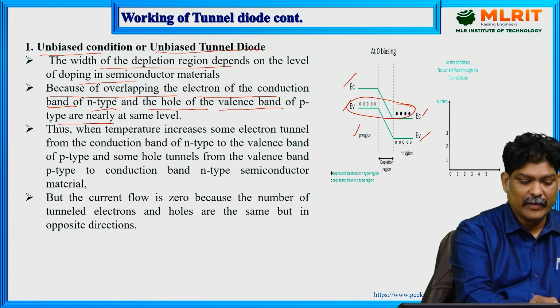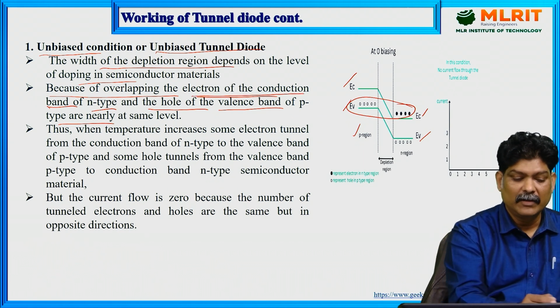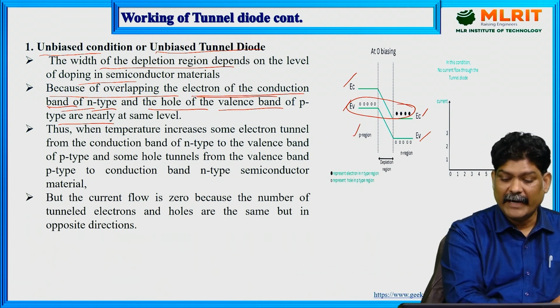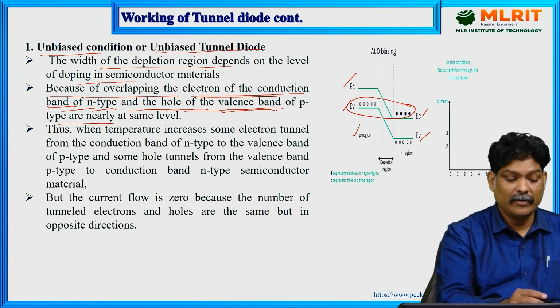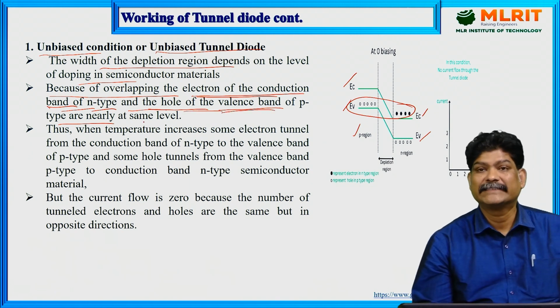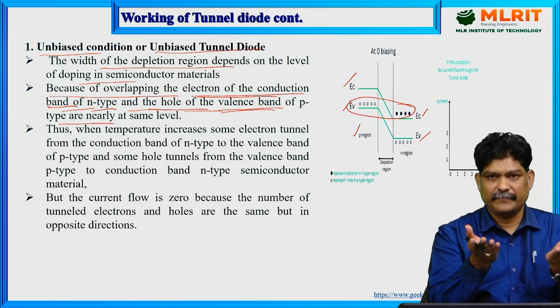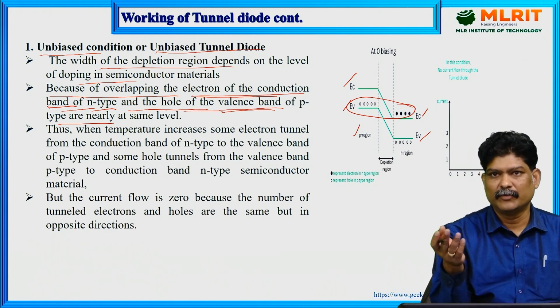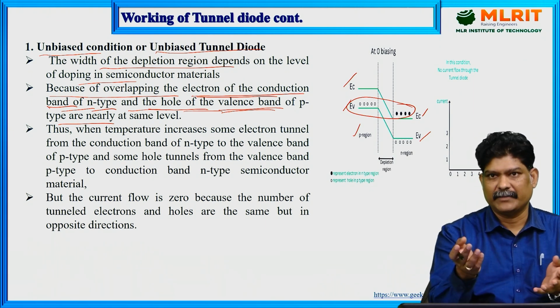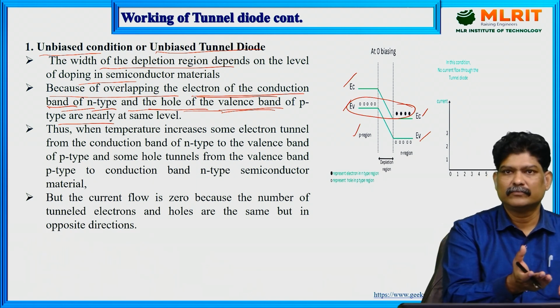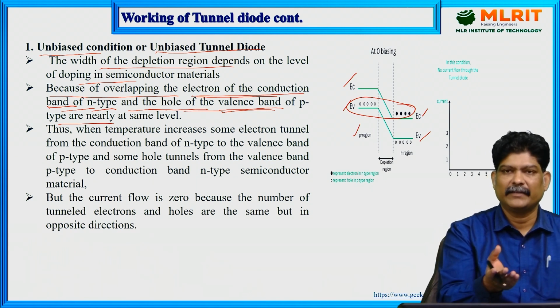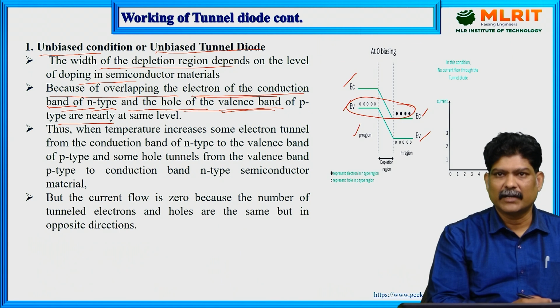Because of the overlapping of the conduction band electrons of the N type and the valency band holes of the P type being nearly at the same level, there is balance. So there is no movement of charge carriers. Therefore there is no current conduction.